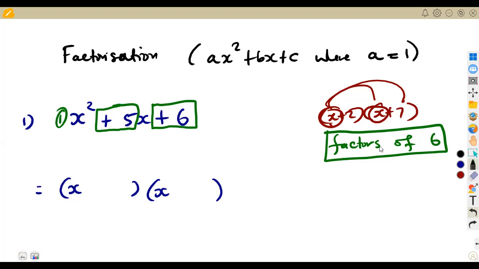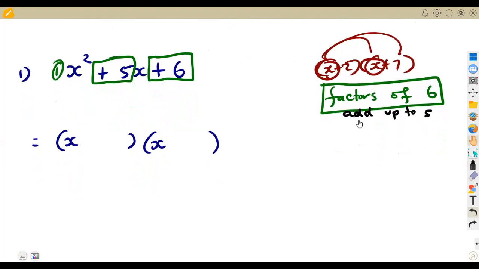So these two factors of 6 must add up to positive 5 in this case. So we need two numbers that multiply to give 6, but at the same time, if we add them, they must give us 5.